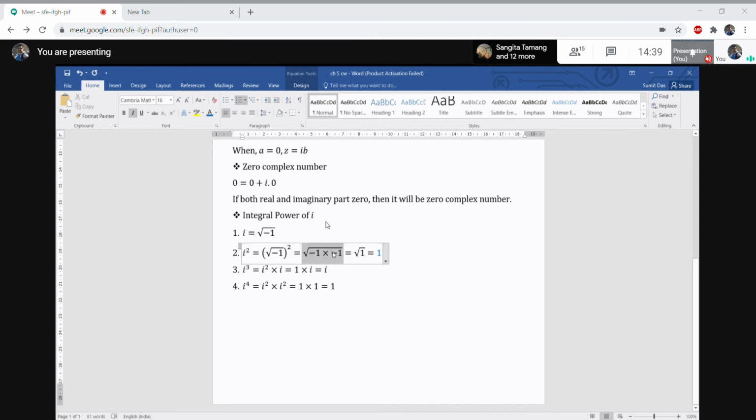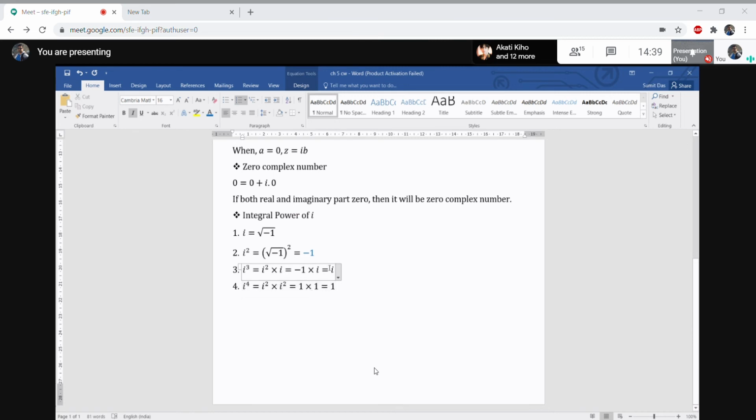So if you find the square root, it will be minus 1, right? Because look, square and square root will cancel. Understood? So it will be minus 1. That was my mistake. So here the i square value will be minus 1.